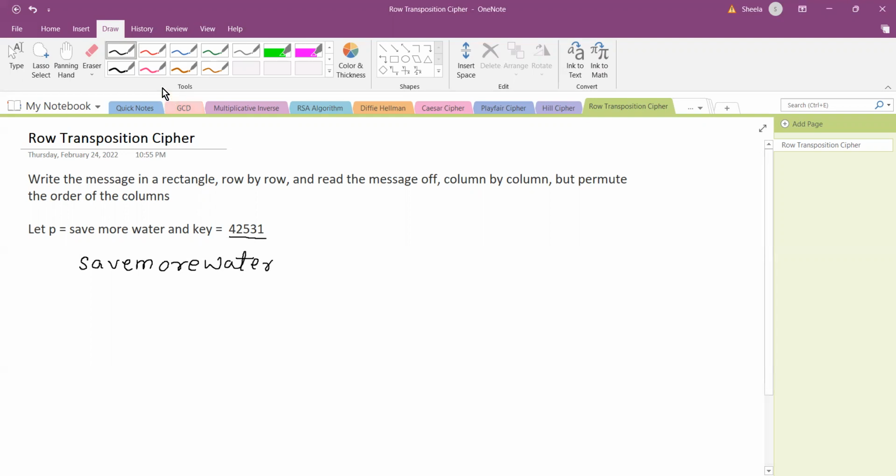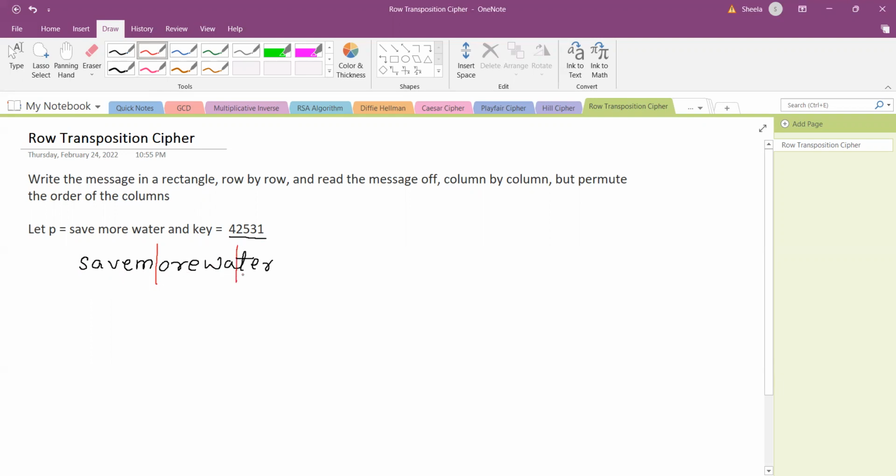Then I need to divide the plain text after every 5 elements, because the length of each row is 5 according to the key.